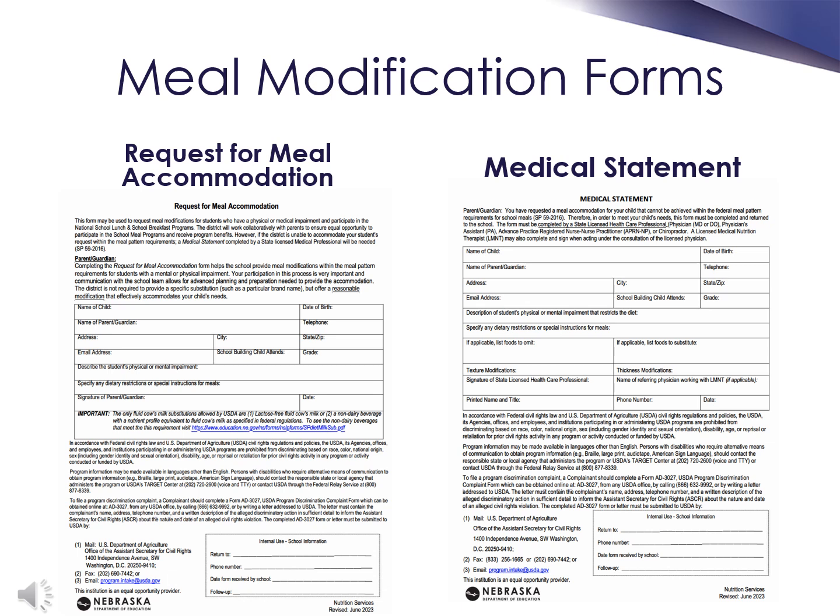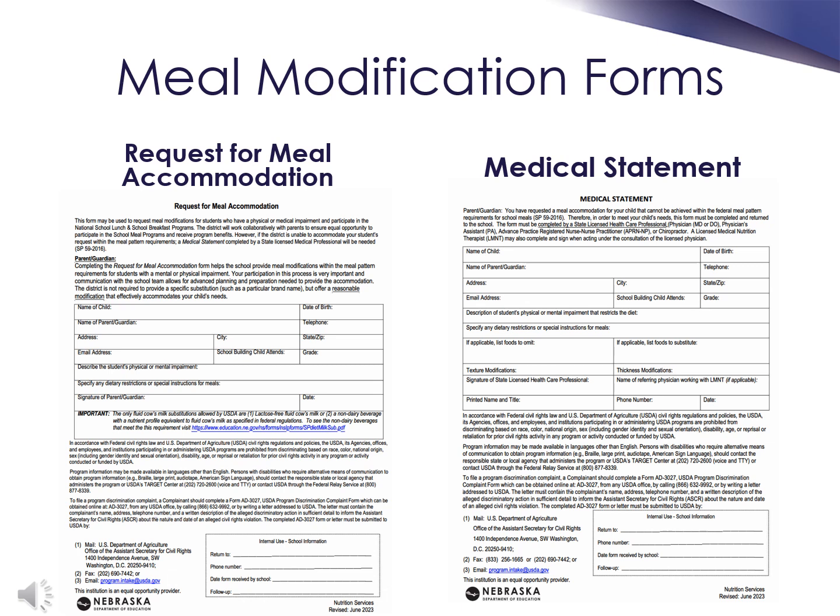SFAs are to make reasonable meal accommodations for students with mental or physical impairments. What deems a reasonable meal accommodation is to be determined by the SFA. Because SFAs are encouraged to provide meal modifications, open communication is key to keeping students safe and encouraging participation in the school meals programs.